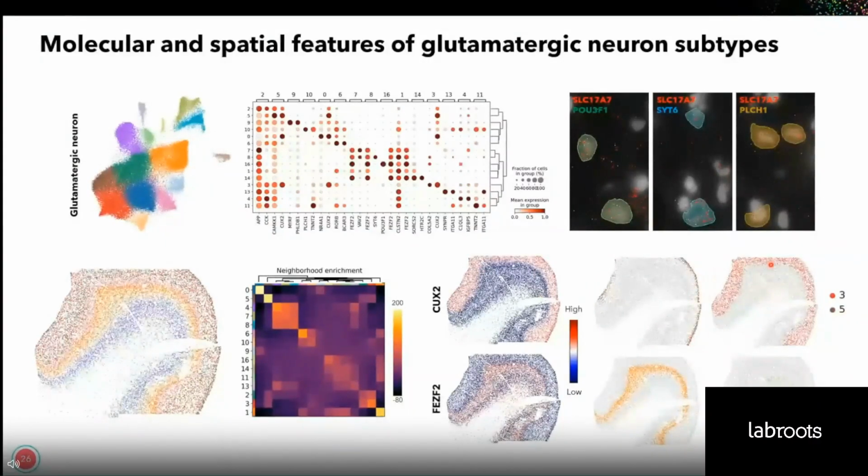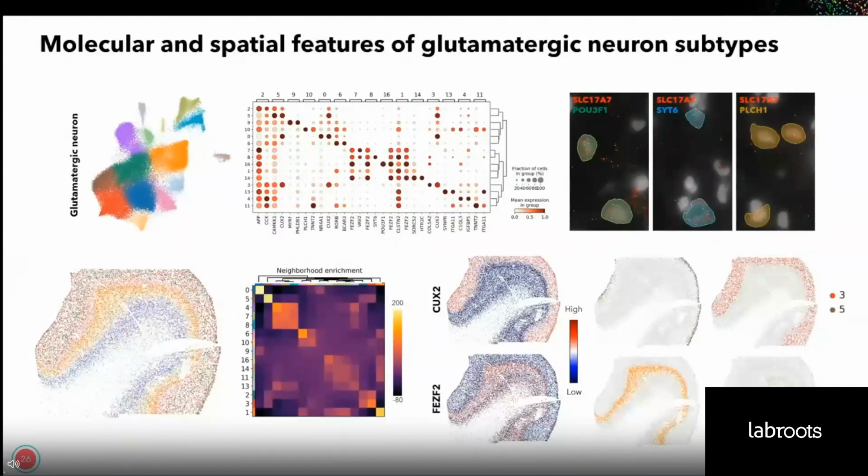But interestingly, between these two, they still show some different spatial distribution in human cortex. On the other hand, class 1 and class 7 highly express the FEZF2 gene. Again, they also show some differences in gene expression and spatial distribution in the MERFISH data. That suggests that the MERFISH data can further distinguish those subtle differences and identify fine cell types in human brain.